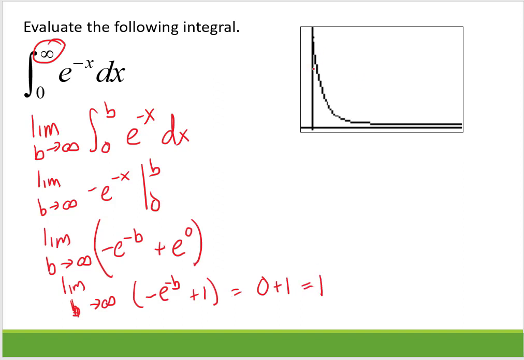I kind of have a picture of our area here. So even as I go to infinity, all of this area under my curve is going to go to 1.